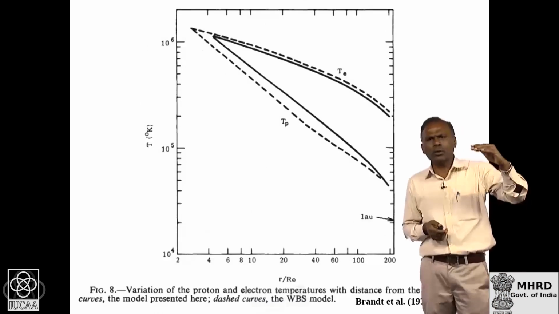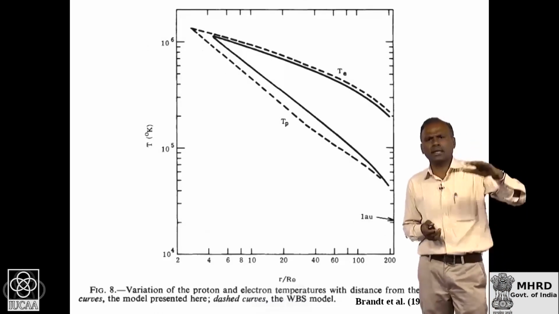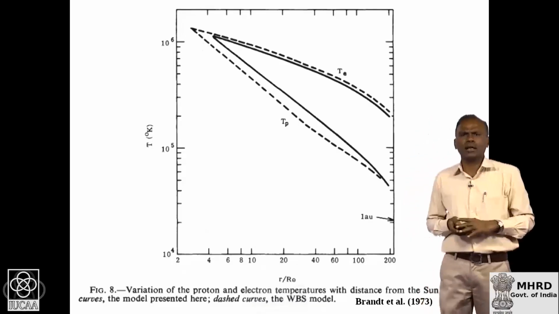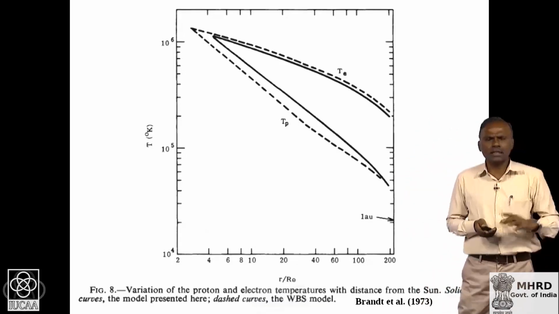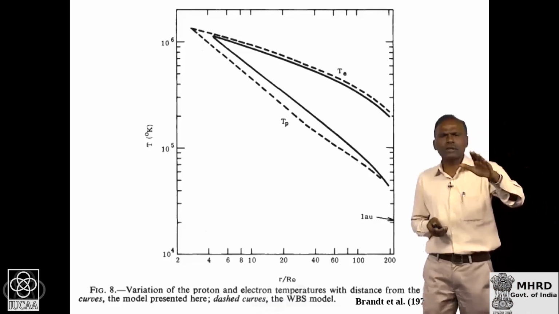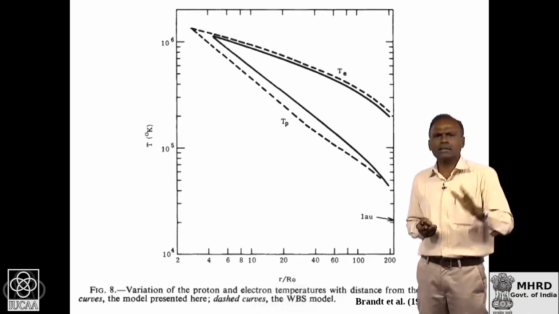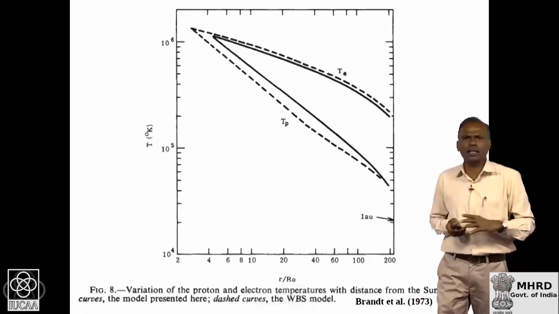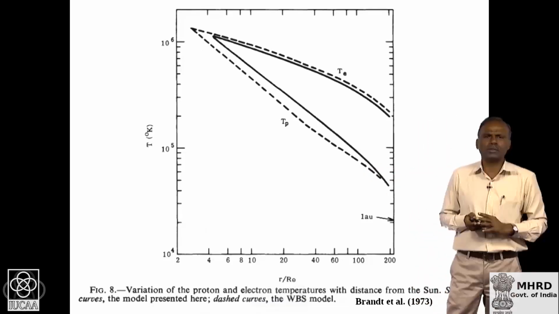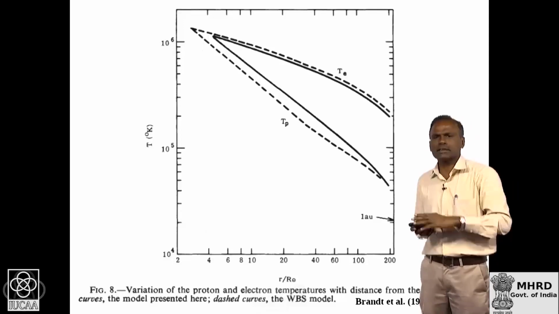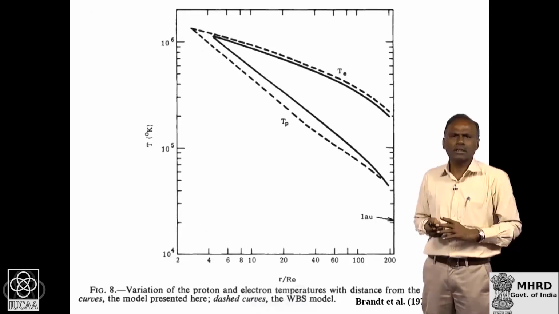So, as we go away from the sun, the proton temperature and the electron temperature decrease with distance. You can see the electron temperature is not varying drastically as we move away from the sun, whereas the proton temperature decreases rather quickly.